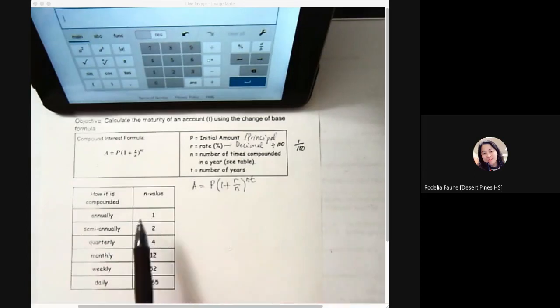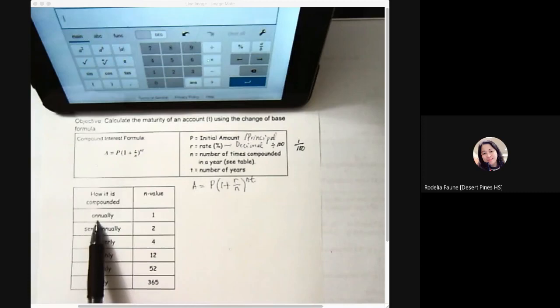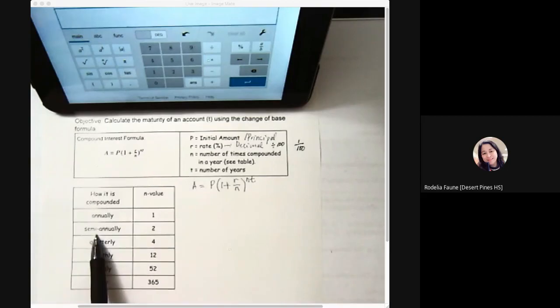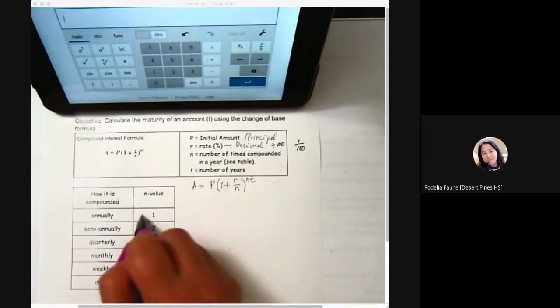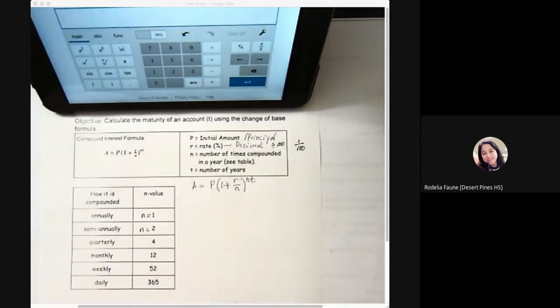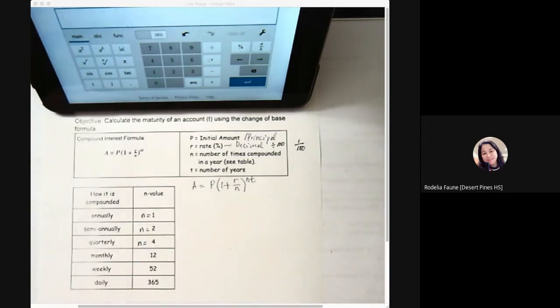So see the table. Here is our table. How it is compounded. If it is compounded annually, the n value is 1. If it is compounded semi-annually, the n is equal to 2. So these are the n values. Quarterly, n is equal to 4, meaning it will be compounded 4 times a year, so every 3 months. 12 divided by 4 is 3.